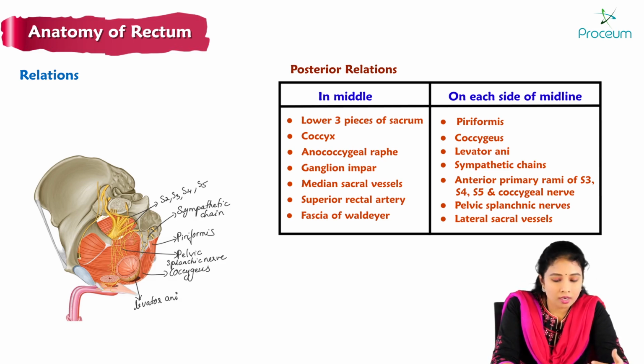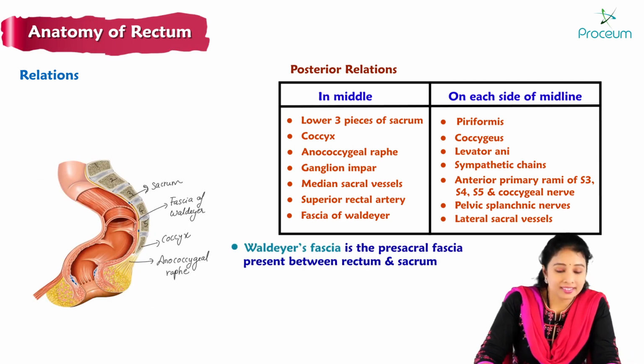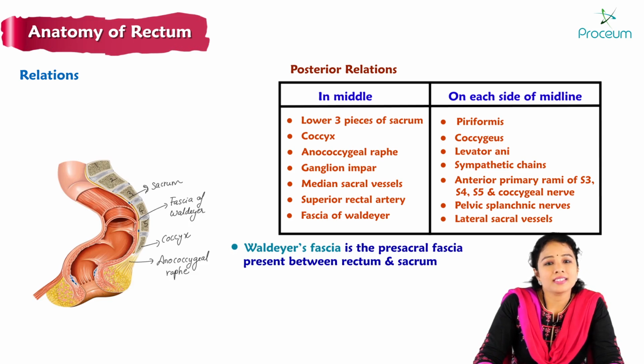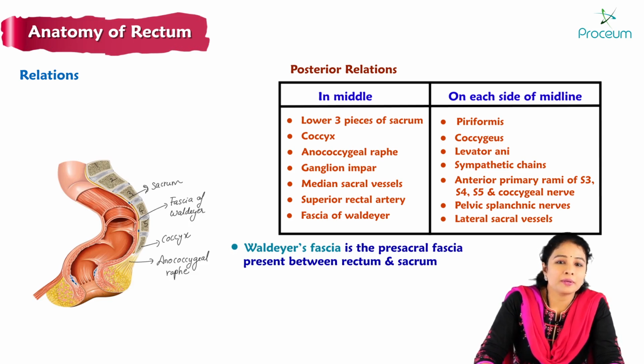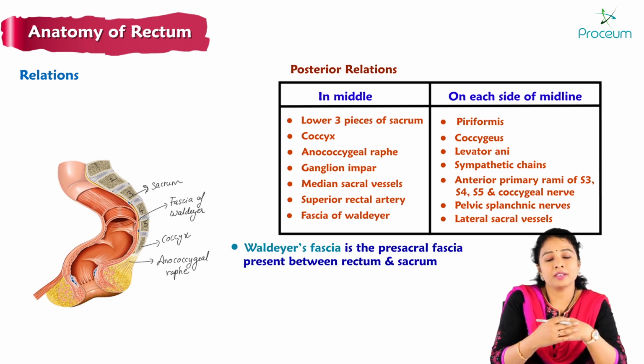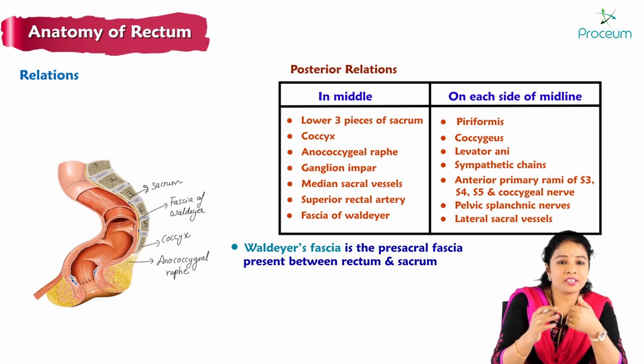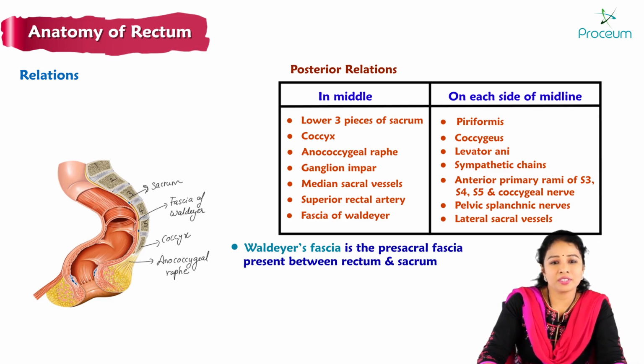So these are the posterolateral relations, meaning the relations on the posterior side, on each side of the midline of the rectum. Waldeyer's fascia is the presacral fascia between the rectum and the sacrum. What you are seeing between the sacrum and the rectum, where the rectum is not directly in contact with the sacrum, is the fascia called Waldeyer's fascia.